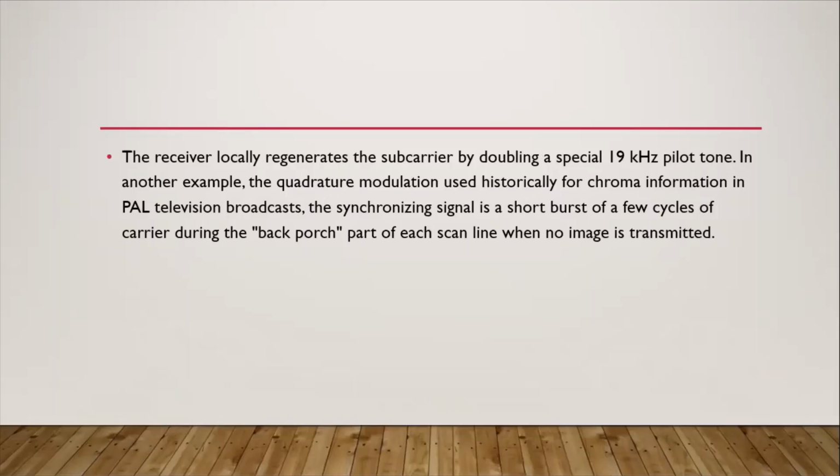Then this synchronizing signal is a short burst of a few cycles of a carrier during the back porch, the part of each scan line when no image is transmitted. Okay, that is quadrature modulation.